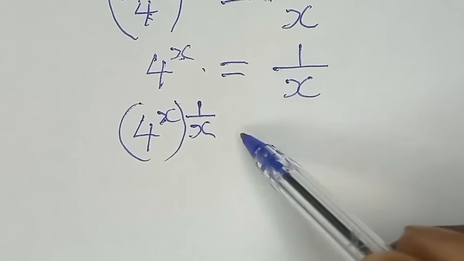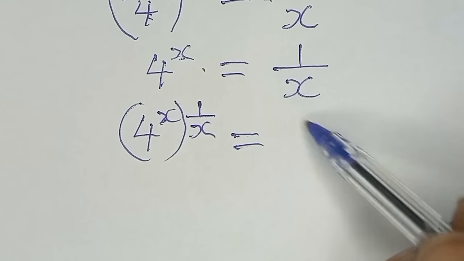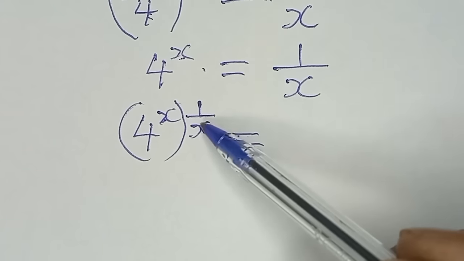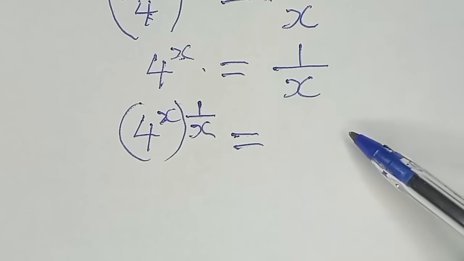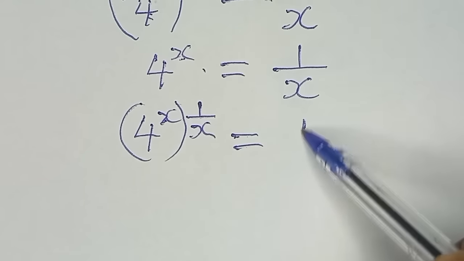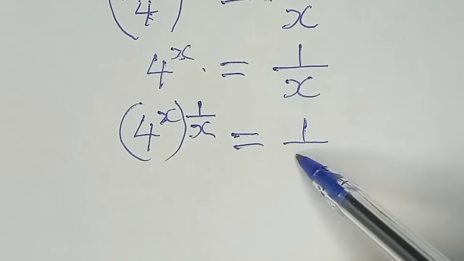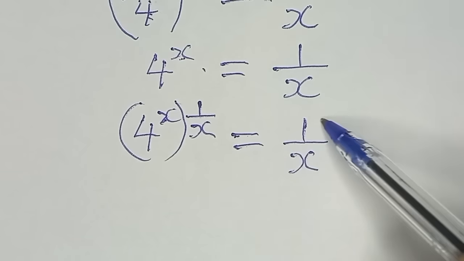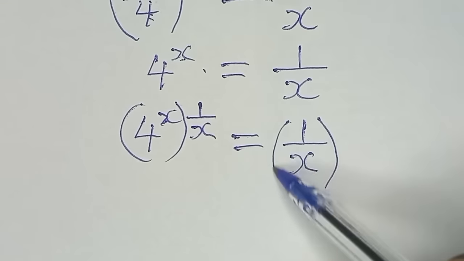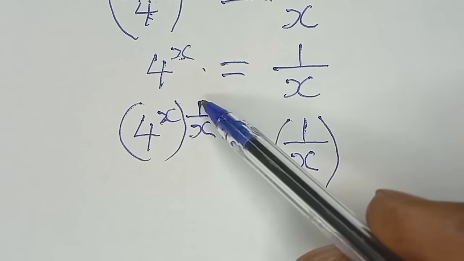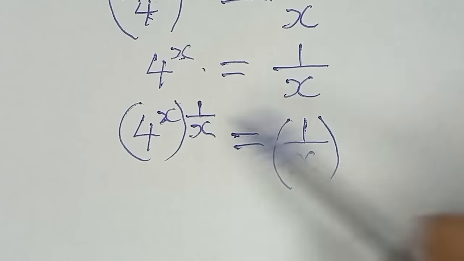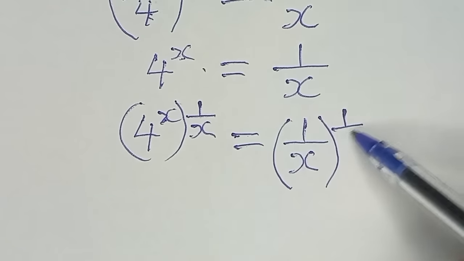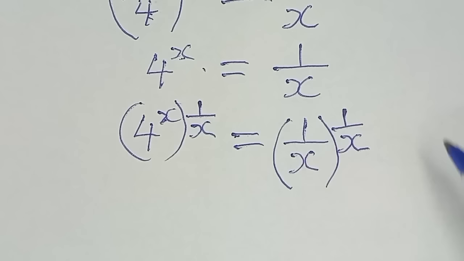So what we are going to do now is, because we have done this here, we also do the same on the right-hand side. That is the rule of solving equations. Whatever you do to one side of an equation, you also do to the other side. So I have 1 over x. Because I've raised this side to the power 1 over x, I also do the same thing on this side.